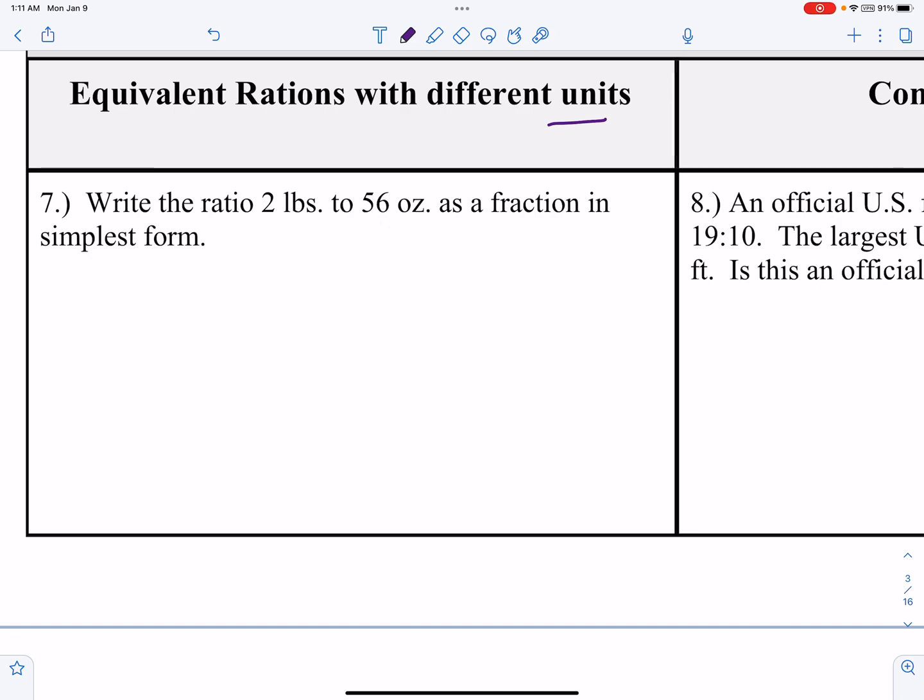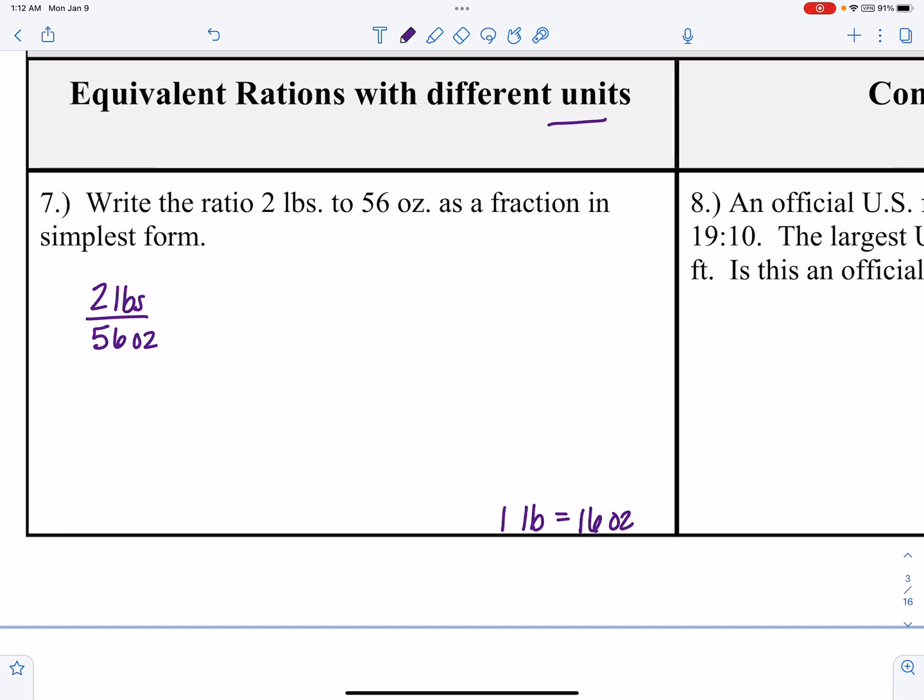Okay, and so you have to know how many ounces are in a pound, and so 1 pound equals 16 ounces. Okay, so let's go ahead and write our ratio of 2 pounds. And I'm going to write it as a fraction. Typically, I always write them as fractions. It's easier to work with because it's something we're very familiar with.